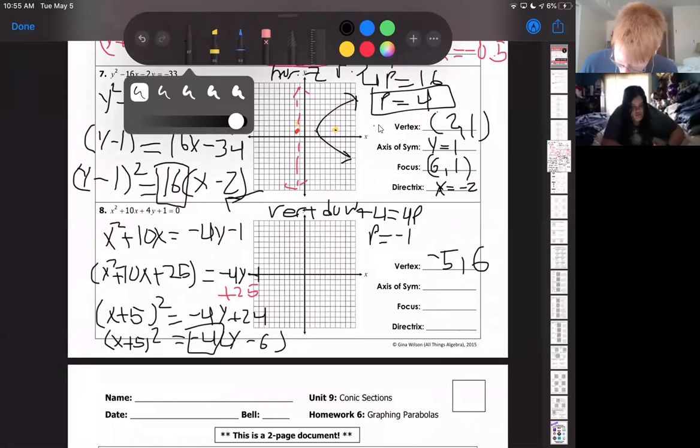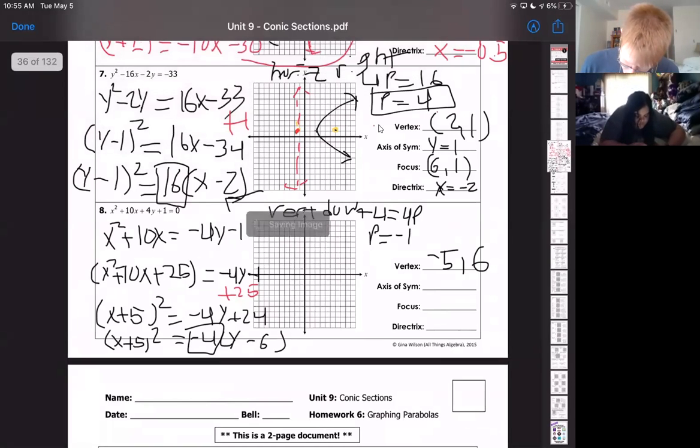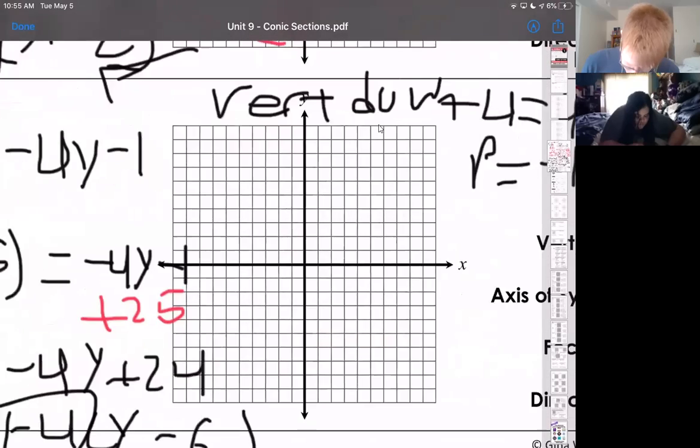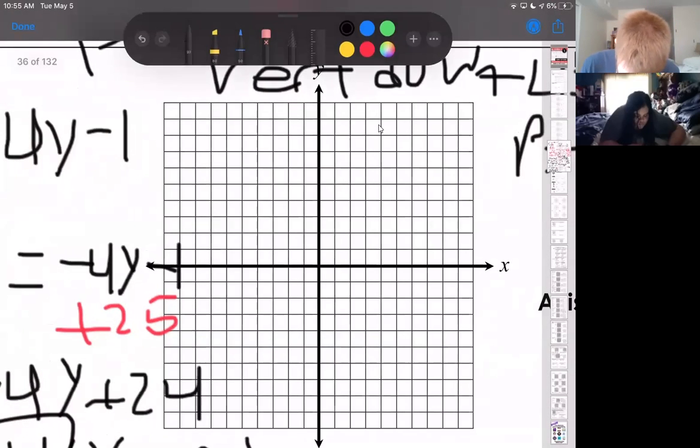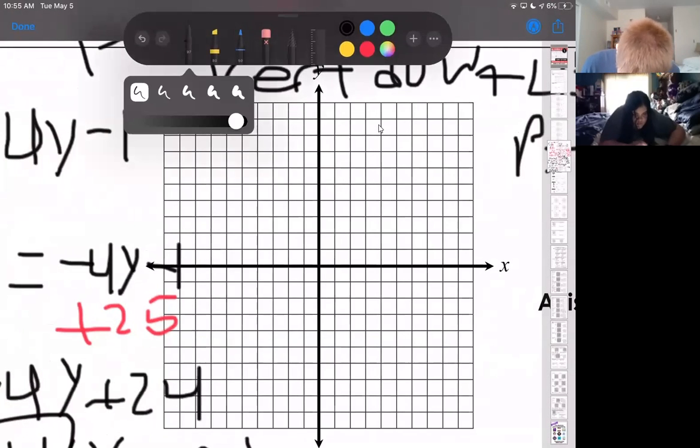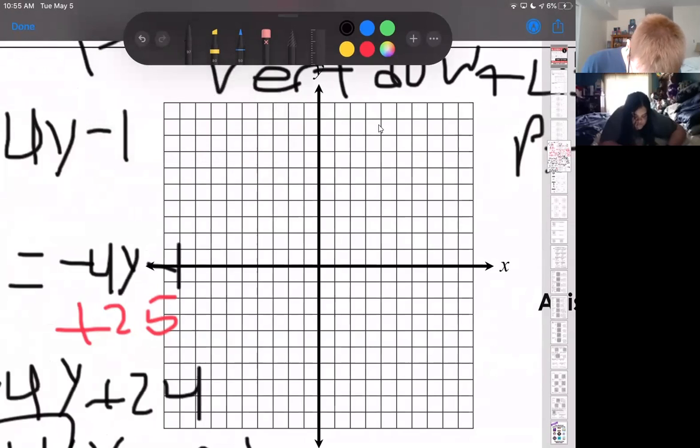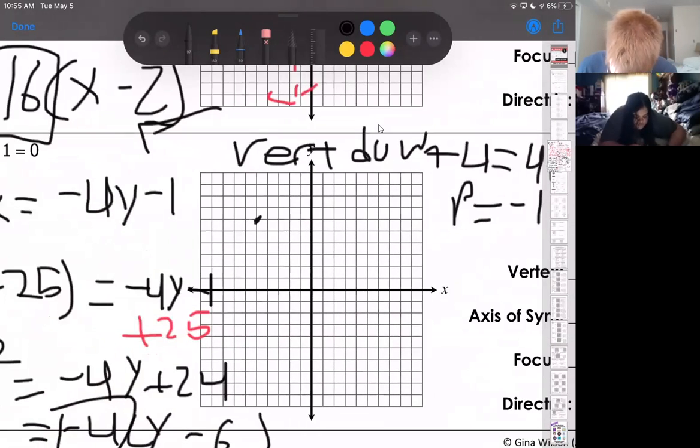Now we're ready to graph. So it's negative 5, up 6. And we said our p-value was negative 1, so we're going to go up 1, down 1. Since it's negative, it's going to open down.